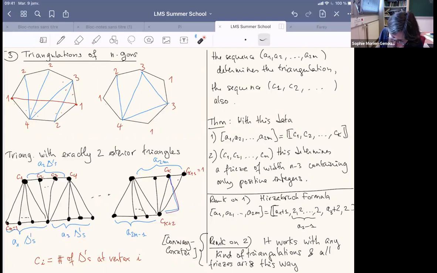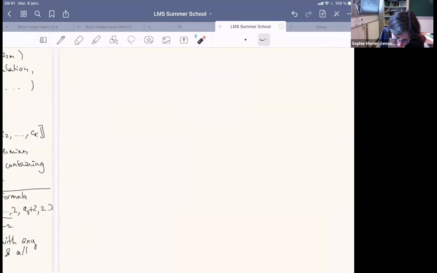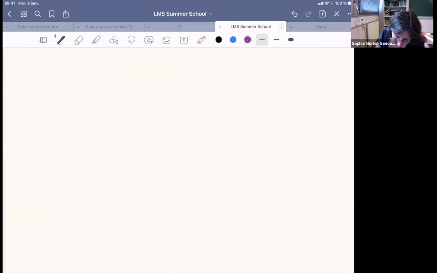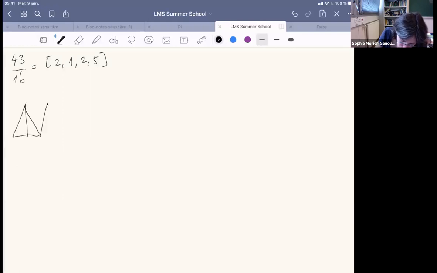Okay, so maybe I just was not sure I had time, but we can practice an example. Sorry about this. Earlier in the course, I gave you that this fraction is 2, 1, 2, 5. And so if you want to convert to the negative expansion, just draw the picture. So you draw 2 triangles, 1, 2, and 5, 1, 2, 3, 4, 5.